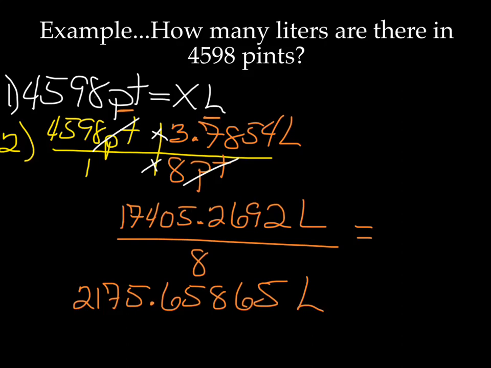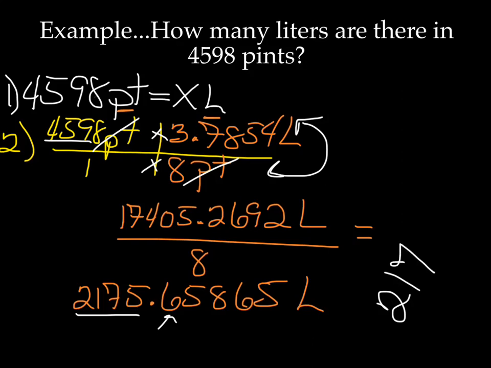So because these two numbers here came from the table, we're not going to count those into determining the number of Sig Figs. We're just going to use our original number, which has 4 Sig Figs, which means our answer needs to have 4 Sig Figs. So we look at this number here, the 6. The 6 is 5 or greater, which means we need to round up. So our final answer is 2,176 liters.